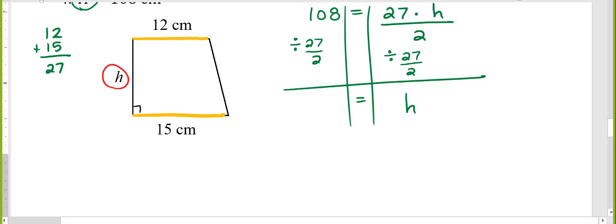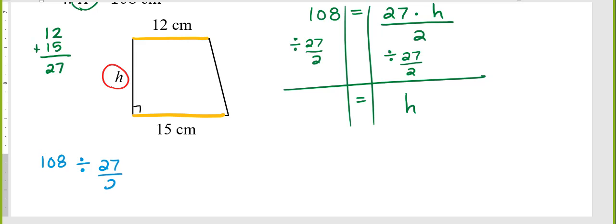All right, here comes some fractions. 108 divided by 27 halves. How do you do that? Multiply by, good, 108 over 1. You're going to have 108 over 1 times 2 over 27.